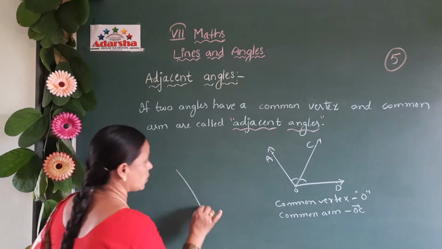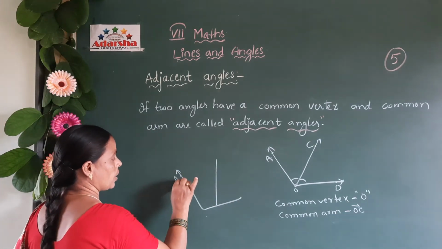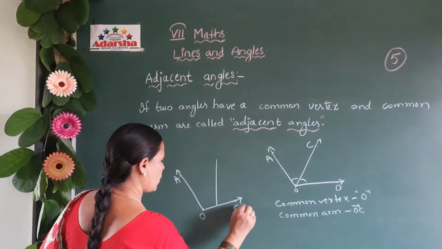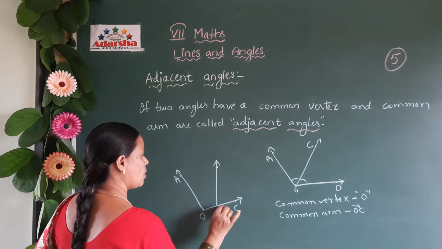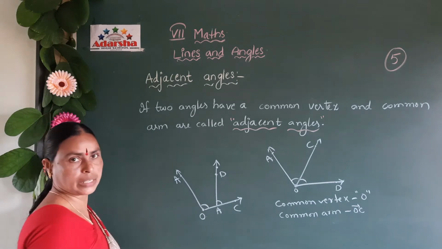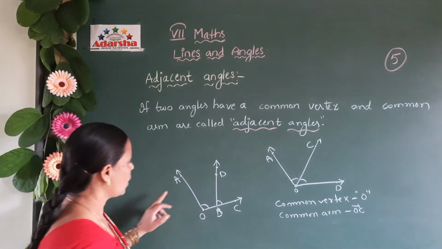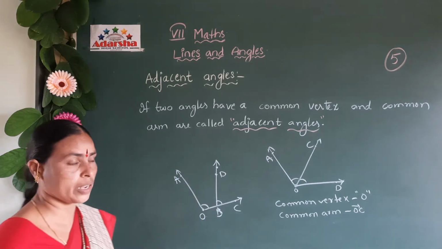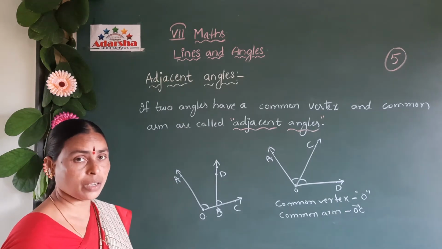See here, for example, this is the figure of two angles. Here angle AOC, this is O, this is C, and here this is angle DBC. Here two angles are there. AOC is one angle and DBC is another angle. What about these two angles? Are they adjacent angles? No. Why?